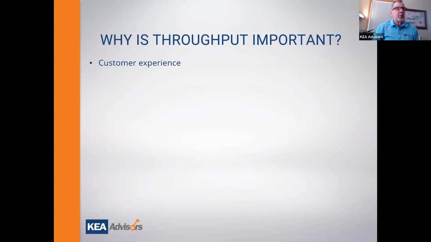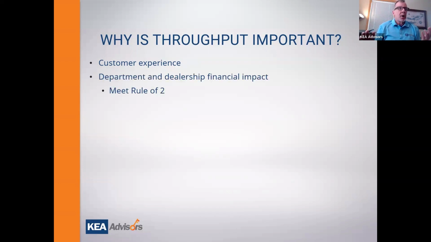From a financial standpoint for the dealership and the department, if we meet the rule of two, our gross profit can go up 5.9 points, not percent, 5.9 points. Okay, efficiency can go upwards of 19% plus for the tech. Lag time can reduce by 5.7 days. That's an improvement in cash flow.